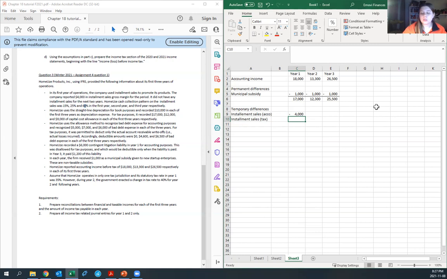So for year 1, you collected 15% of $4,000. You want to add it because the amount of cash I received is only $600. In year 2, it was 25%. And in year 3, it was 60%. I'm going to do the journal entries right here at the same time.